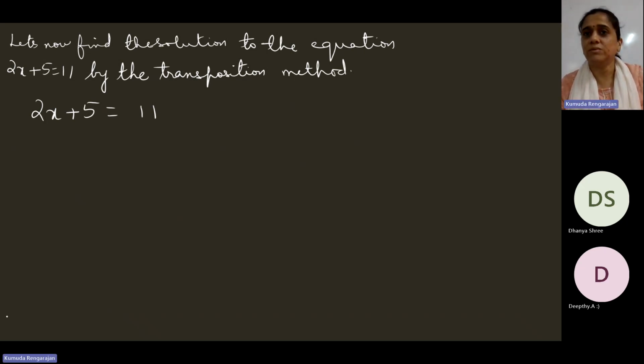So to work this method, what is the rule? Now, our intention is to find the value of x.